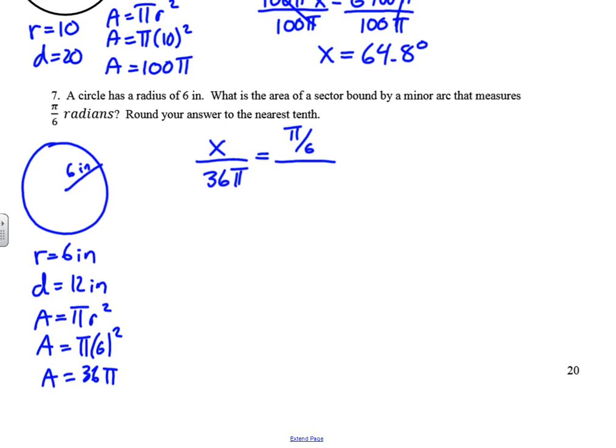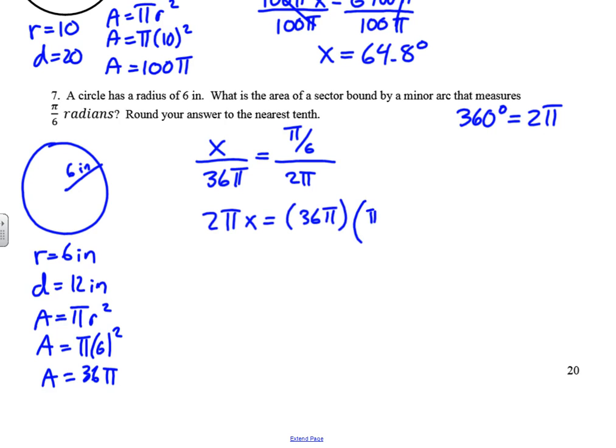So 360 in radians, 360 degrees, equals 2 pi radians. So we could put it over 2 pi in this instance. Okay, so if we cross multiply now, we've got 2 pi x equals, I'm just going to write this out, 36 pi times pi over 6.